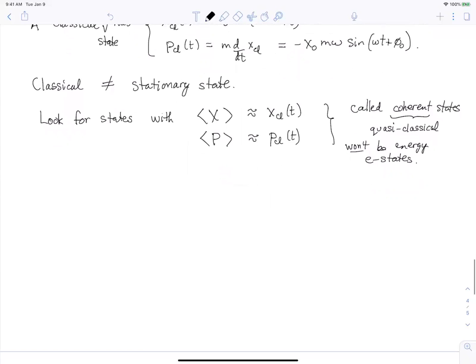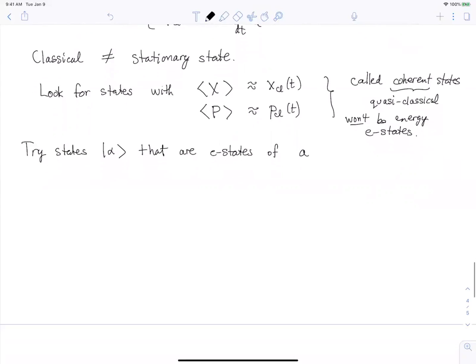All right. Now, since I know the answer in advance, I'm just going to write down the answer, and then we will prove that the states that I'm going to write down are the coherent states that we're looking for. So I'm going to try states that I'm going to label alpha that are eigenstates of not position or momentum or the Hamiltonian, but the destruction operator or the lowering operator.